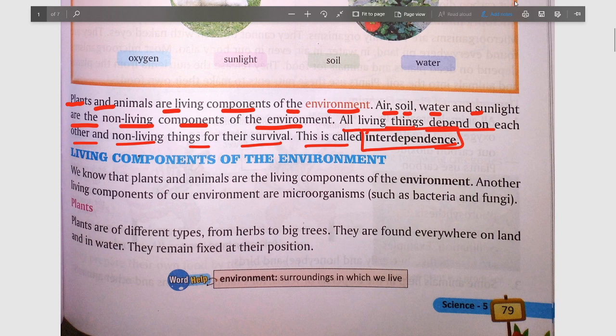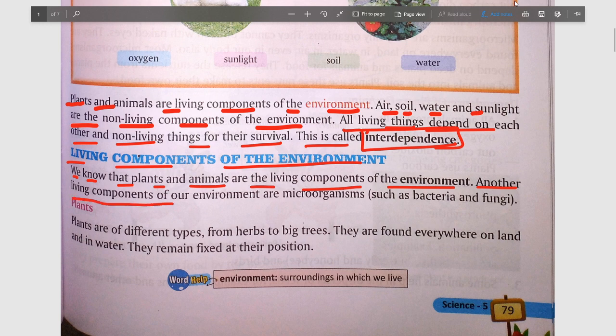Now, living components of the environment. As I have told you, plants and animals are the two living components of the environment. So we will study more about them here.